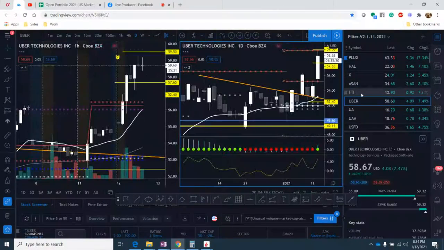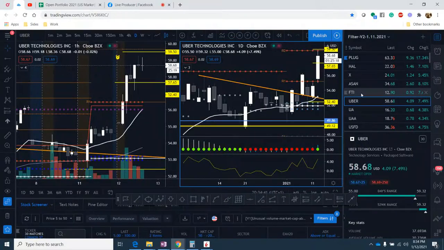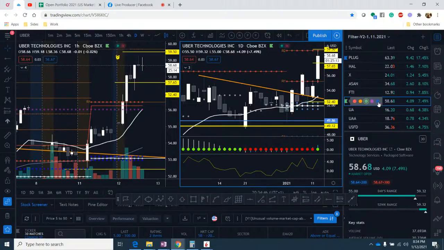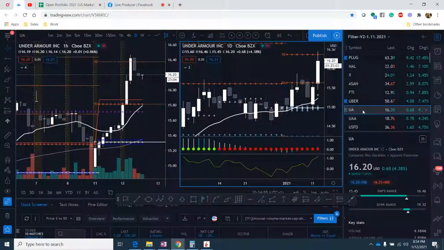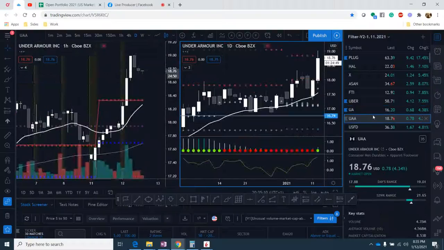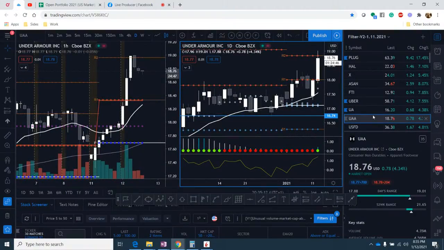This is Uber. I consider this extended already, but it doesn't mean that I won't look at it in the coming days, because it can still pull back and show me another buy setup. This one is already at R2, so I better wait. If I am waiting, I just mark it blue, so that later I will check the blue list, looking for any pullback trading opportunity.